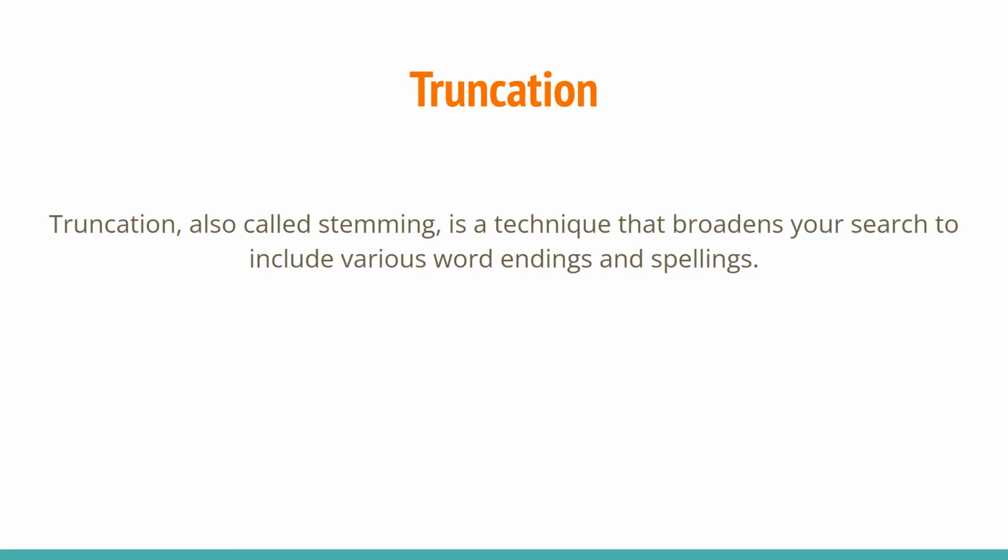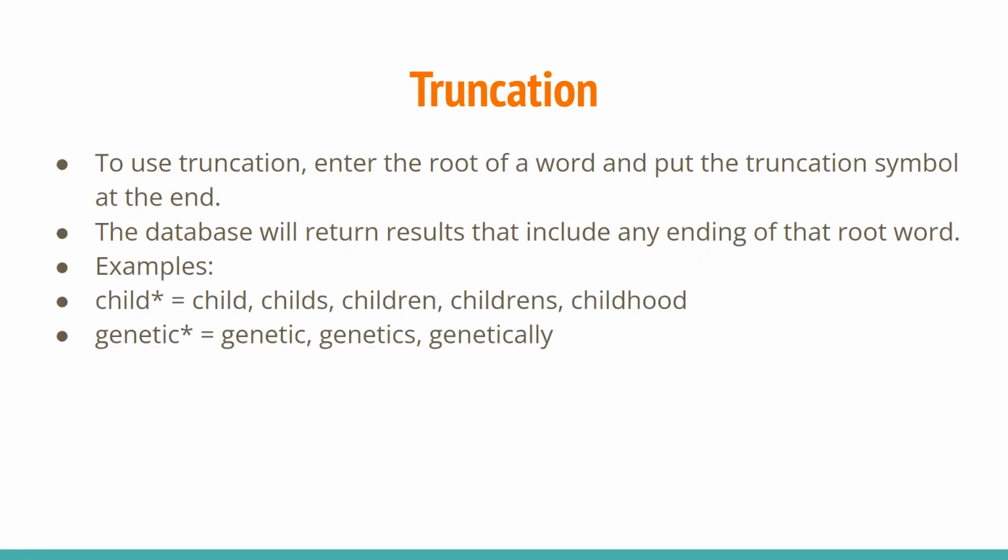For example, if you wanted to search math, you could do math and then the little asterisk, which is going to be used in truncation to accomplish math, maths, mathematical, mathematic equations, all those different variations of that underlying term of math. And again, we use that root word and then the truncation symbol, which is the little asterisk. And then we have our example again of child asterisk, which will accomplish child, child's, children, children's, childhood, all those different variations.